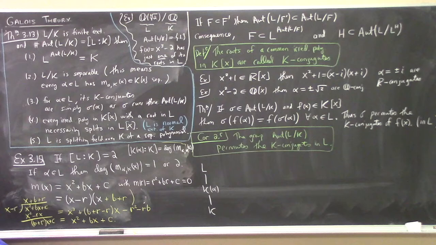A normal extension is one where every irreducible polynomial in K[x] that has a root in L necessarily splits in L. That makes L a normal extension. And then he says, for any finite extension, the following are equivalent: L over K is normal, and L is the splitting field over K of a polynomial in K[x].